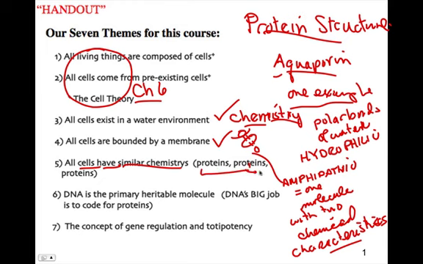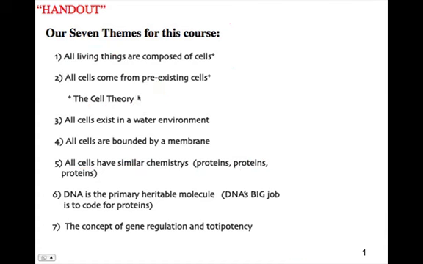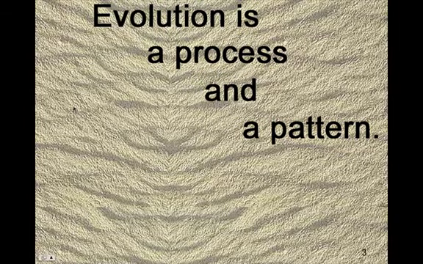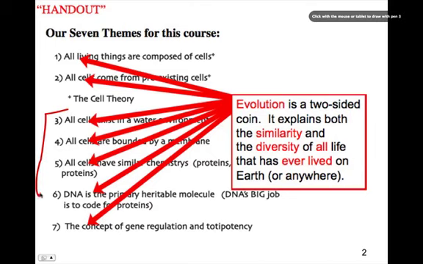So what we're doing is introducing proteins, and our book does as well in several chapters, but this is mostly going to be talking about chapters 4 and 5. Okay, and we're working on this part of our course.